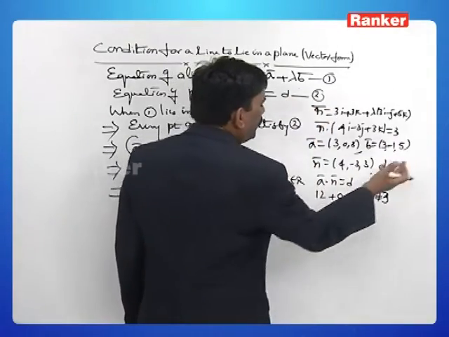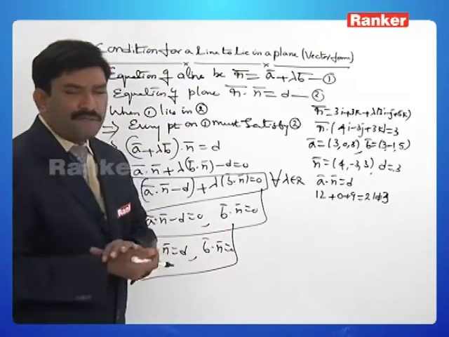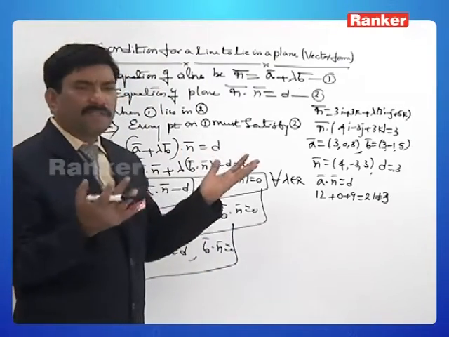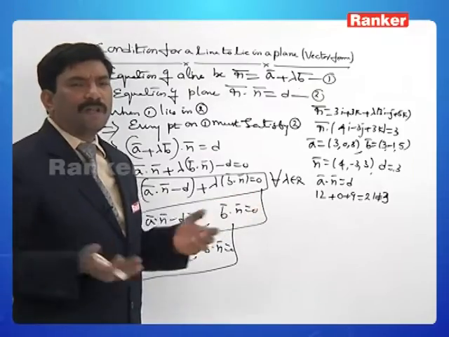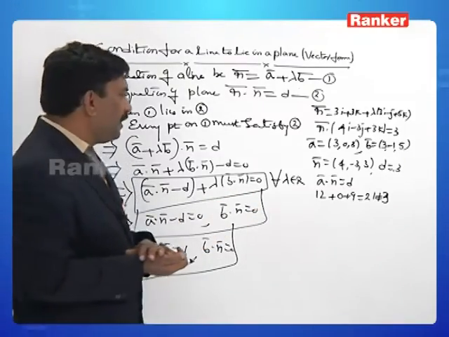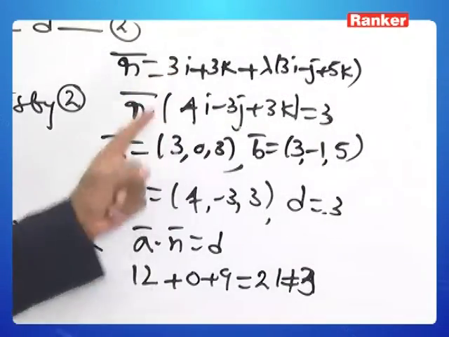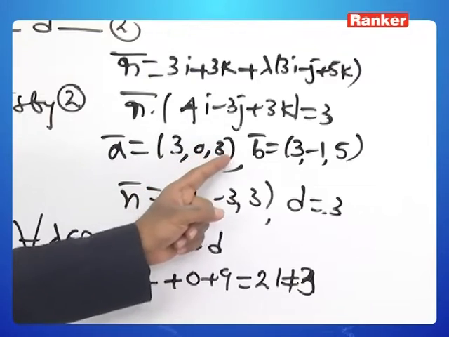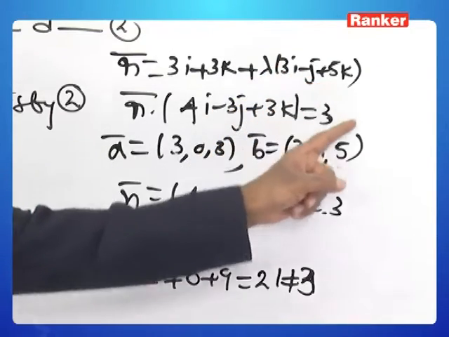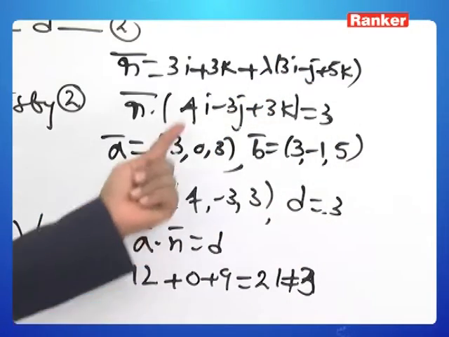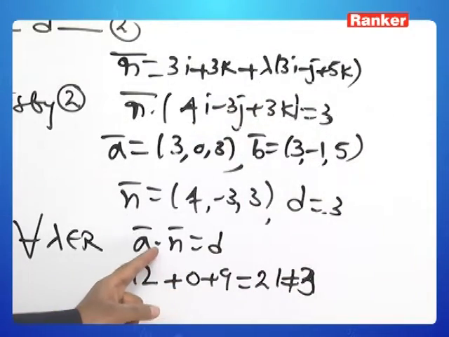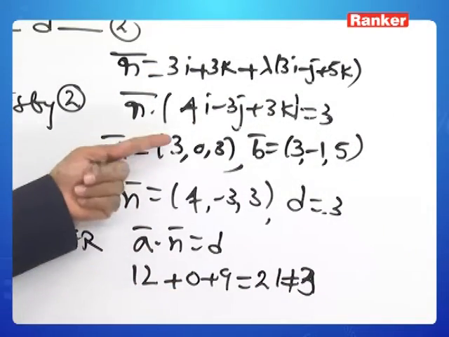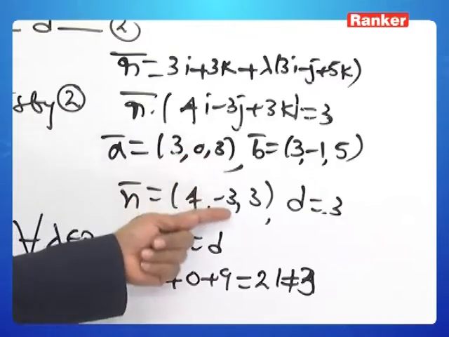Then there is no need to go for b bar dot n bar equal to 0. So therefore that line is not lying in the plane. If it is equal, then we can say that the line lies in the plane. If you want, you can verify. a bar is 3, 0, 3, b bar is 3, minus 1, 5, and n bar is 4, minus 3, 3, so d is equal to 3. a bar dot n bar: 3 into 4 is 12, this is 0, plus 9.